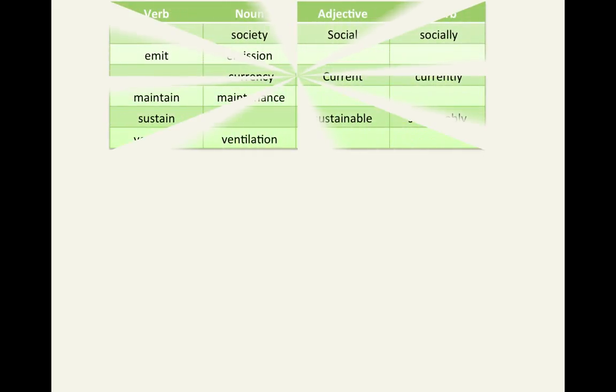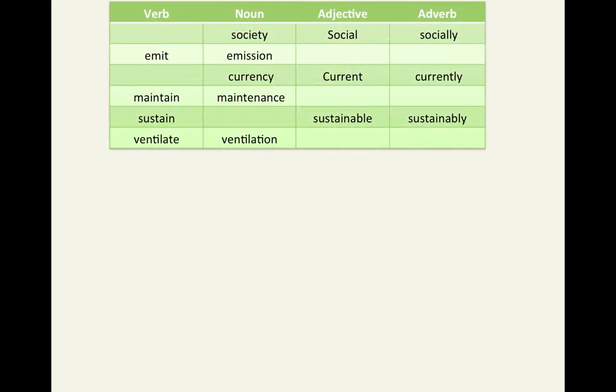All right, and then the last part is the form. I want to show you how to tell the part of speech of the word family. Okay, so you can put your words in this way.